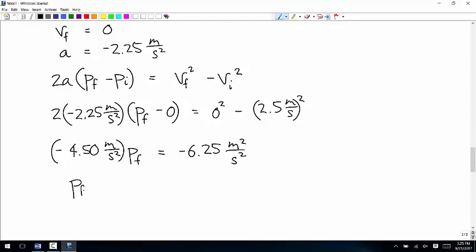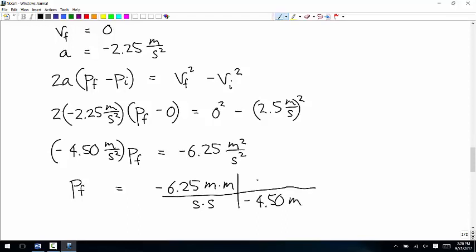And so PF is equal to negative 6.25 meters times meters, divided by seconds times seconds, divided by negative 4.50 meters per second squared. And all the seconds cancel, one of the meters cancels.